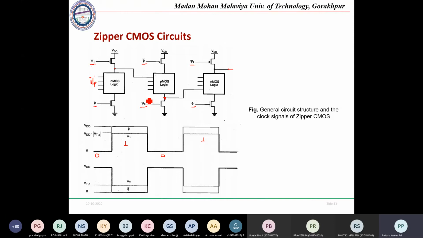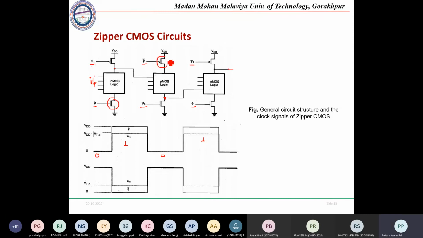So in the pre-evaluation phase, it is similar to the NORA logic structure. But in the evaluation phase of the NORA logic, we were having a single clock. Here two different clocks are used. One clock will be this one, phi. In the evaluation phase, this transistor should be on, and similarly in the evaluation phase of the PMOS logic, the transistor that should be on is this one.